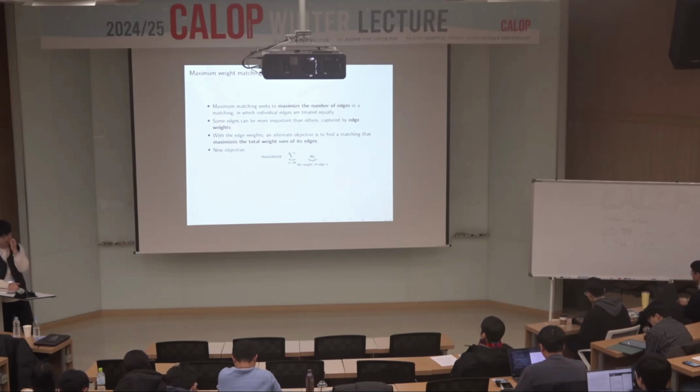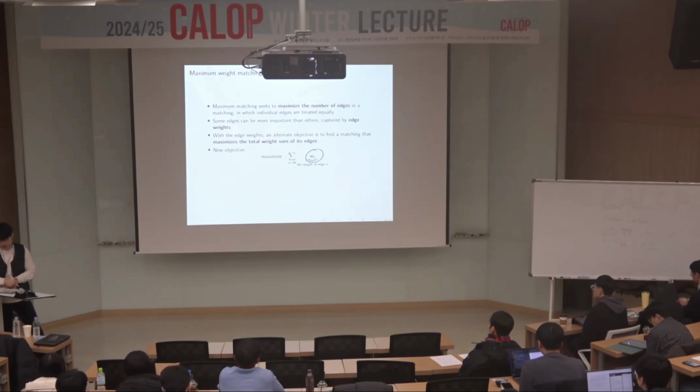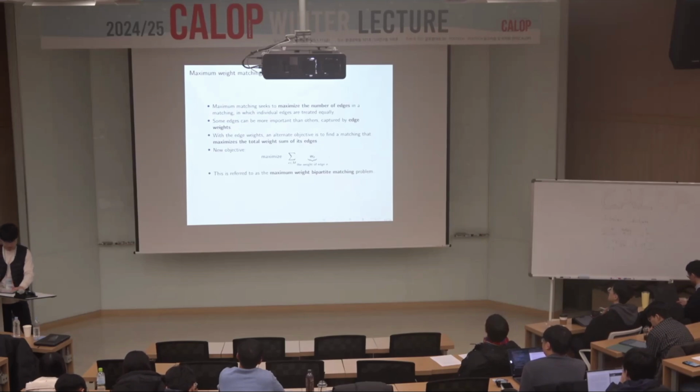So the new objective is to maximize the sum of edge weights given in this expression. W subscript e is the weight of edge e, and you are summing over the edges in this matching M. And this is called the maximum weight bipartite matching problem.